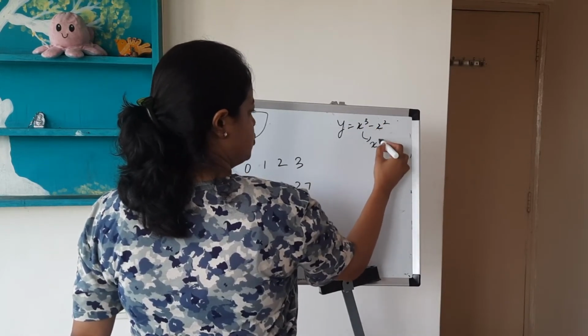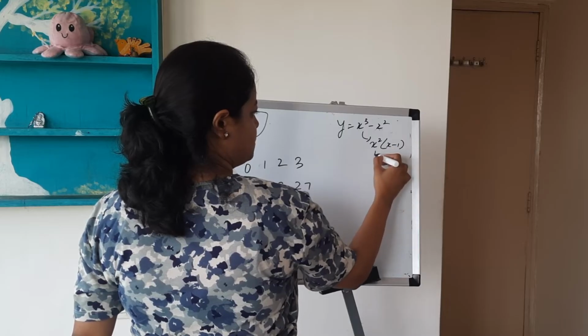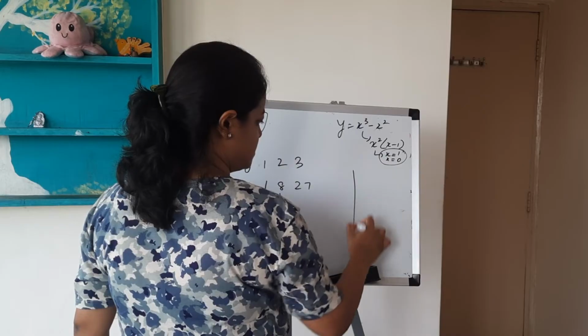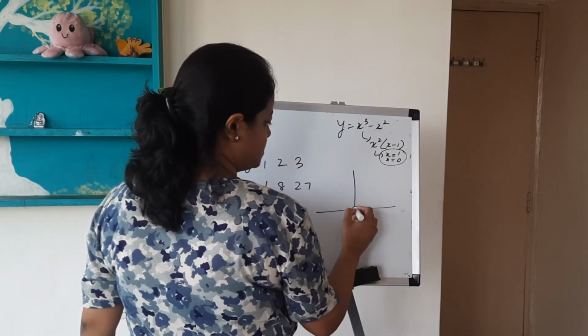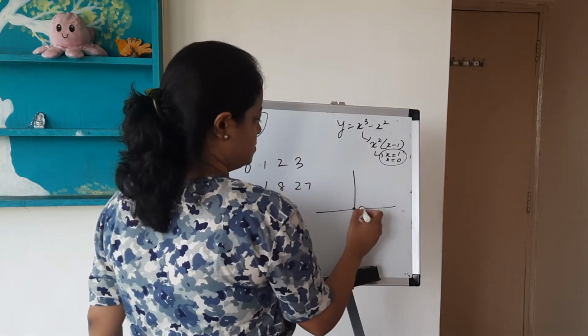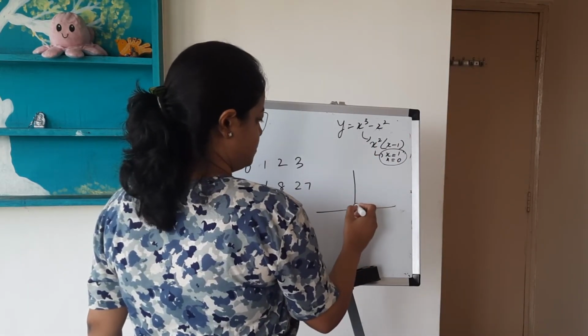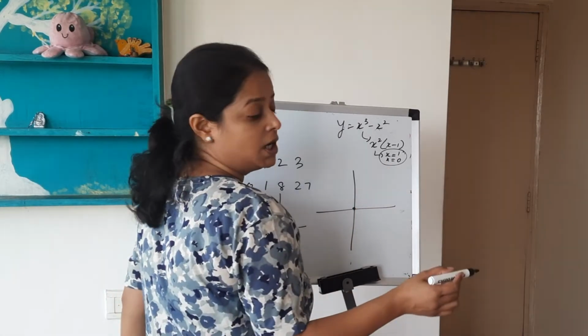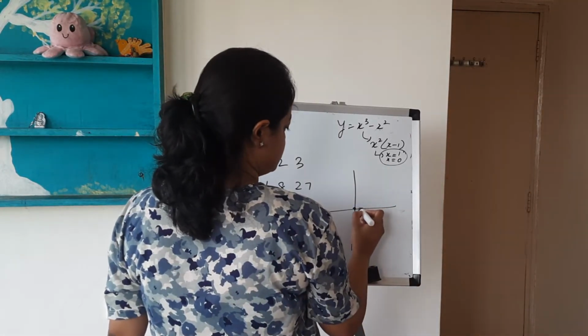Here, if we work it out from our own side also, we can see that x is a common factor. So there are 2 zeros here. That's what we can see. We can plot it. At 0, it is 0. When x is equal to 1, then y is equal to 0.